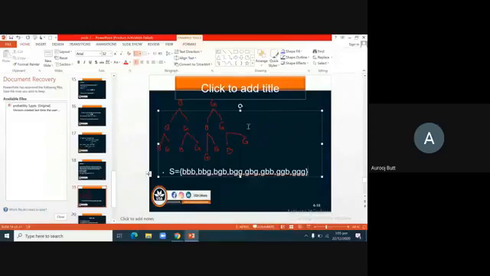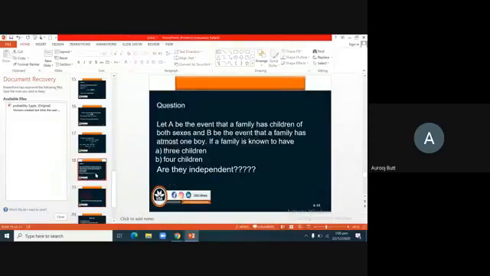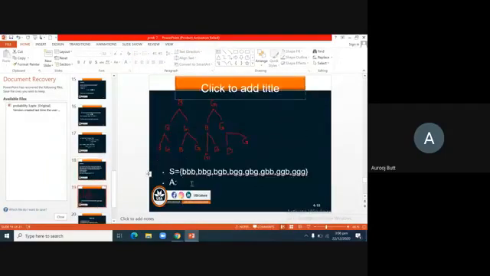Event A is that a family has children of both sexes. Both sexes means that boy and girl both should occur among these favorable outcomes. So except this one and except this one, all of these outcomes have both of these genders.